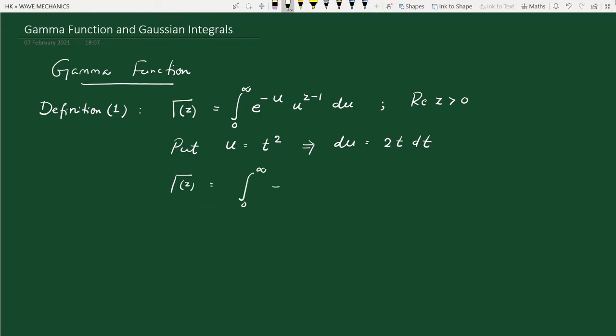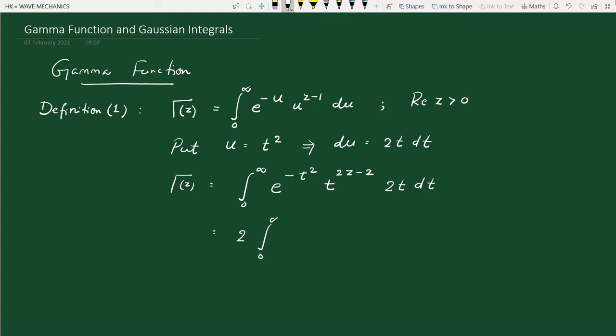So let us see how this function changes. u becomes t square, so we have e raised to minus t square, and here instead of u we put t square, then the power becomes 2z minus 2, right? z minus 1 should be multiplied with 2, so 2z minus 2, and du is 2t dt. So this 2 I can take outside.